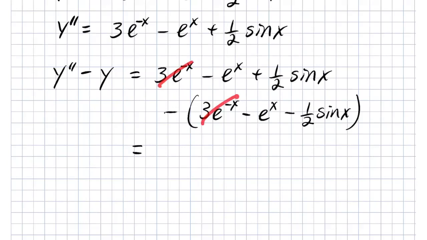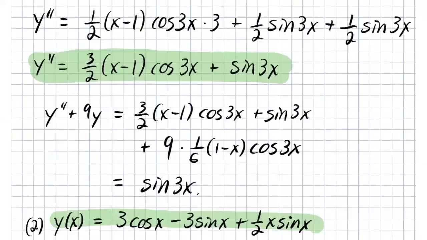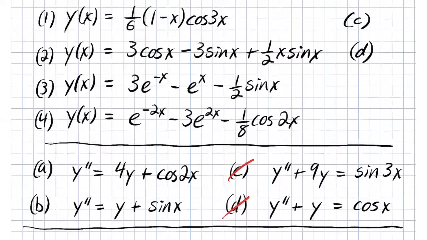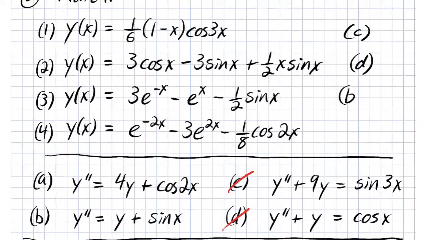So those cancel, and these ones will be 1/2 sine plus 1/2 sine. So we'll get sine x. All right, so is that what we had up here? Let's see. Yep, there it is. So that's B. So that one's B.